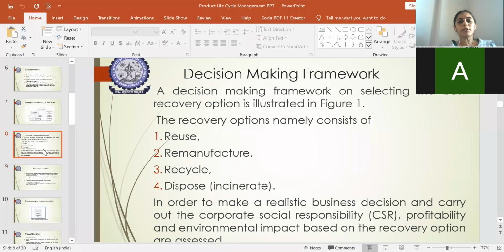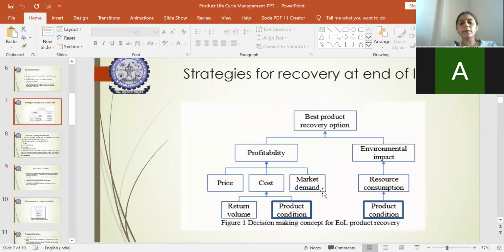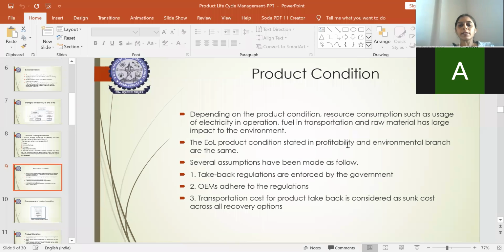So this was about the recovery options for the product, which has to be either reused, remanufactured, or recycled. So the product conditions we spoke about in the strategies are being explained here. Several assumptions have to be made as follows.